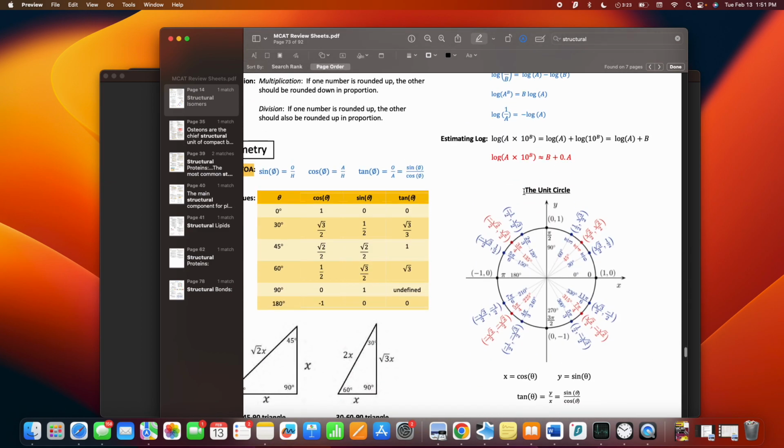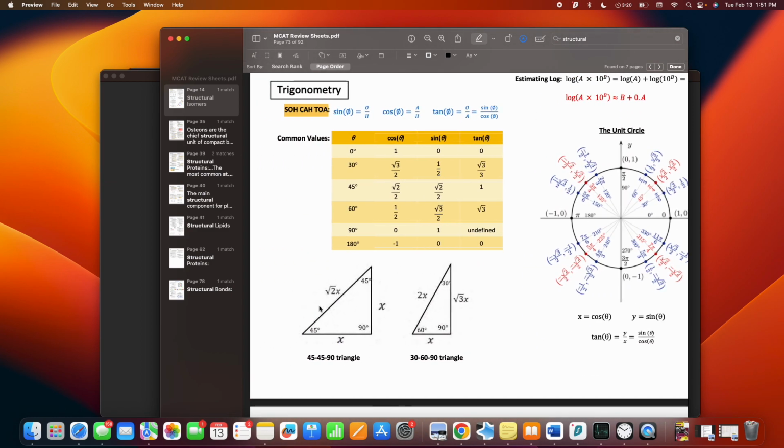But honestly, for triangles, I think the Pythagorean theorem is the best: the hypotenuse squared equals x squared plus x squared.